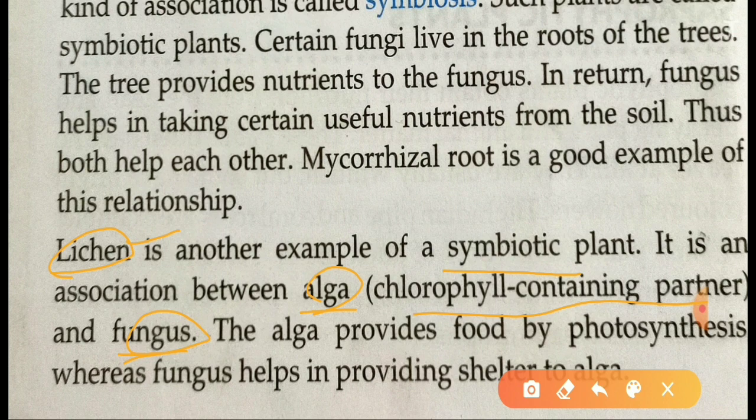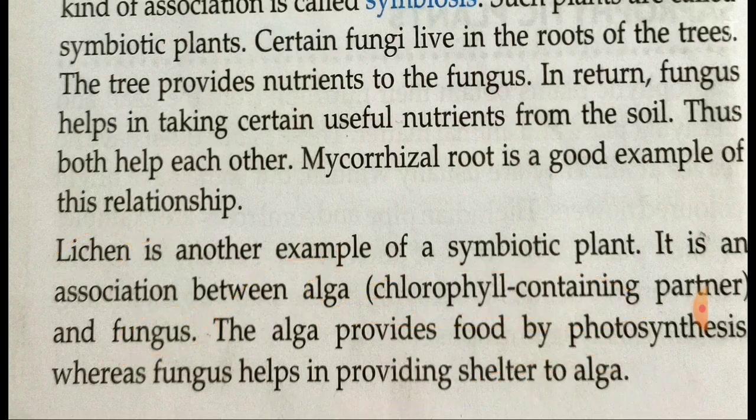And how do algae and fungus get food? Algae prepare food because they have chlorophyll, and fungus gets food from the algae. Algae provide food by the photosynthesis process, while the fungus provides shelter to the algae.